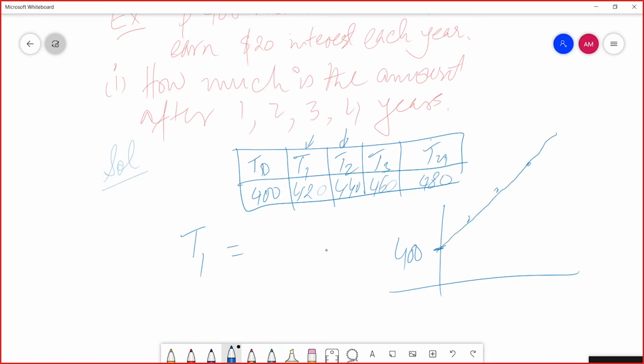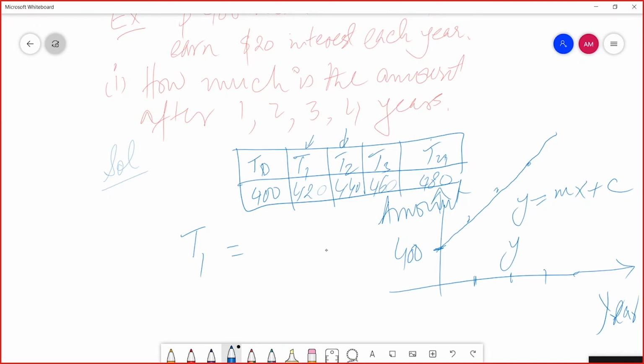And if I write the equation of this, y is equal to mx plus c, can you help me to write this linear equation? Where y is actually the amount. So this is the amount. And what is on the x-axis? Year. Does it make sense to you? So this is first year, second year, third year.